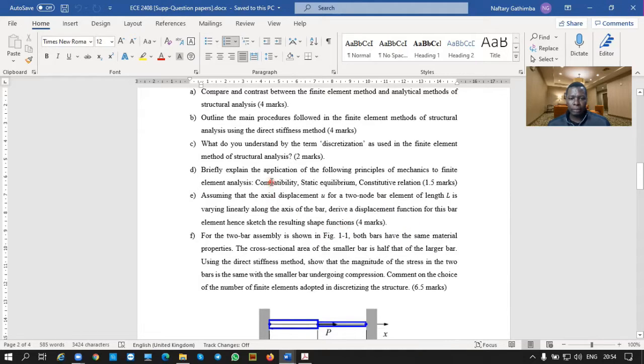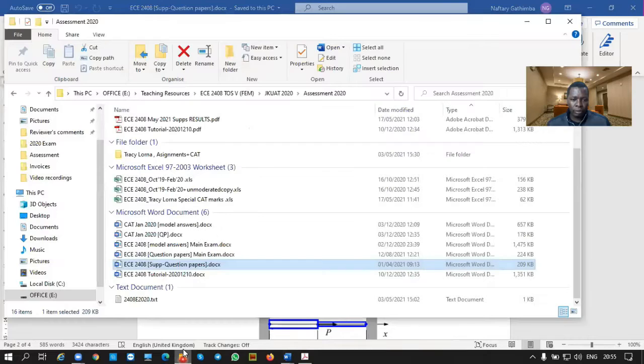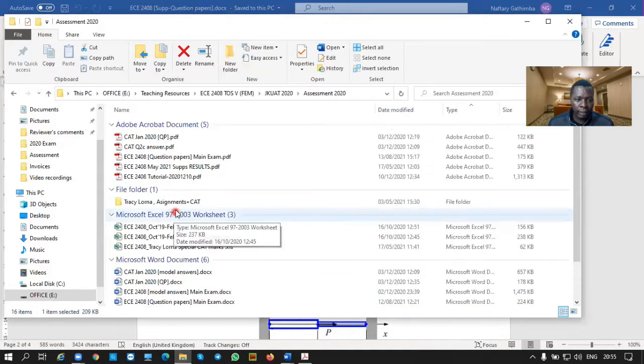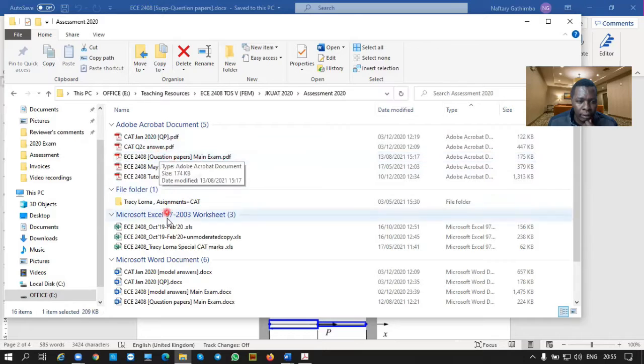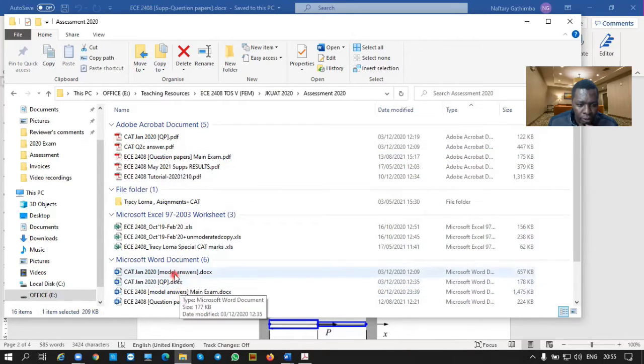But of course, compatibility is where you say the nodes remain together, so the information at the common node is the same. Static equilibrium, of course, remains a state of rest. The forces will be equal. Let me show you typically what I'm saying by this. Let's see model answers.